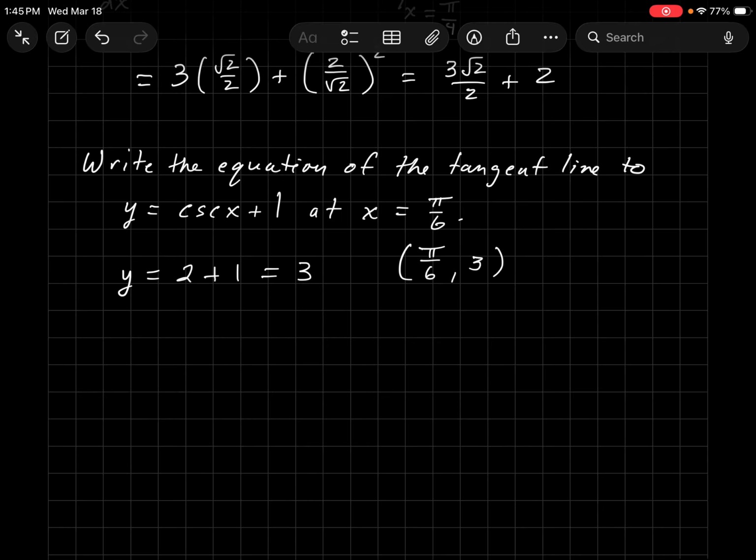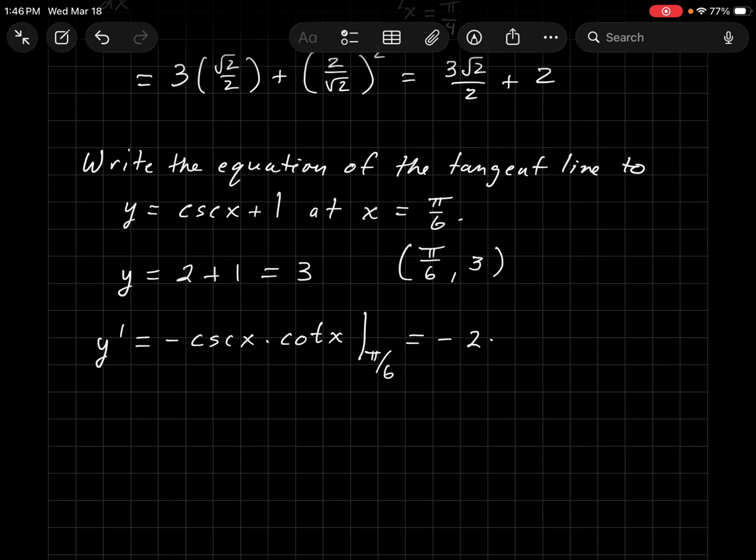And now we need the derivative. I'll call it y prime here. The derivative of cosecant of x is negative cosecant x times cotangent x plus the derivative of 1, which is 0. And let's evaluate this at pi over 6. So we have negative. The cosecant of pi over 6 is 2. We already determined that above.